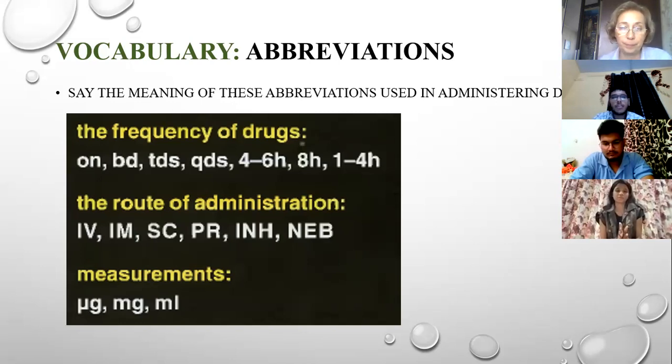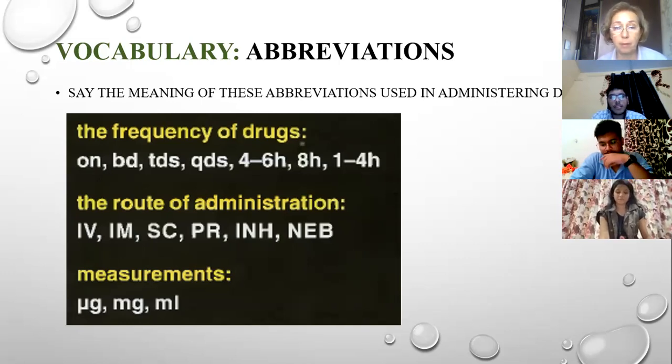IV stands for intravascular, IM stands for intramuscular, SC stands for subcutaneous, and PR stands for rectum. Rectum. By rectum means. Yes.